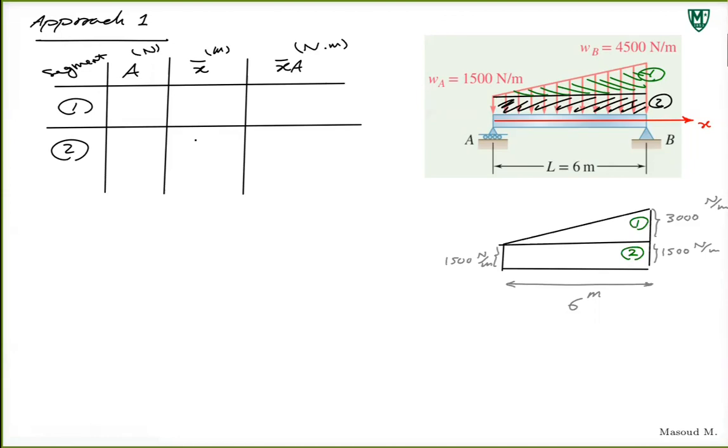Distributed load is Newton per meter, 4,500 on the right side, 1,500 on the left side. So take what you learned from composite area and apply it to this case. The only difference is that now you have one side in terms of length and the other side in terms of distributed load.